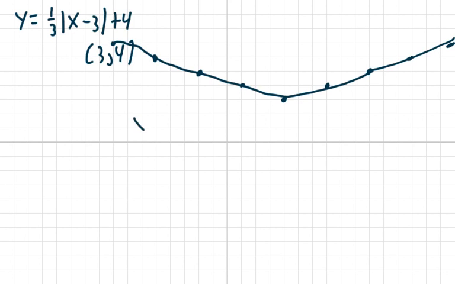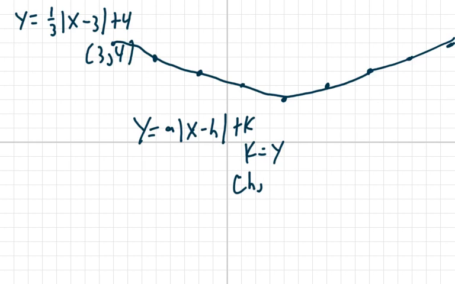So remember this formula: y equals a absolute value of x minus h plus k. K is your y basically, and h is your x. A would be like your slope, but if it's negative, it goes down.